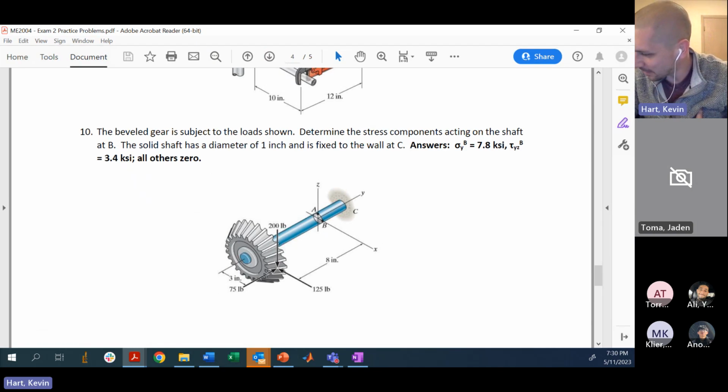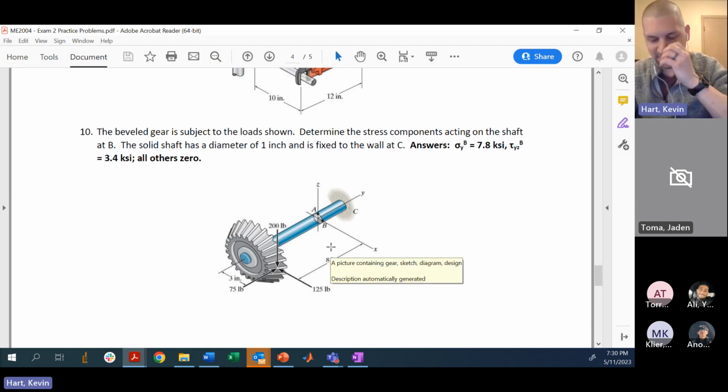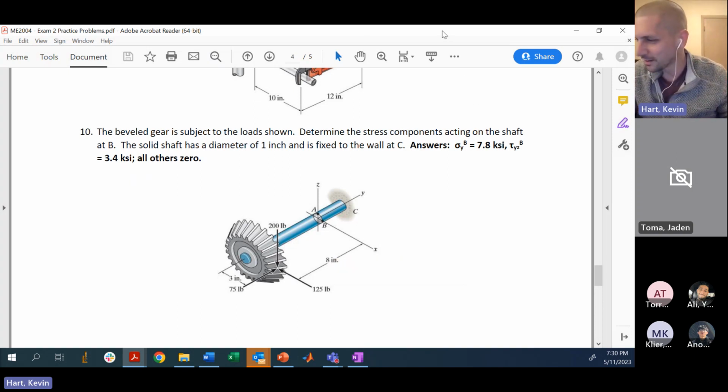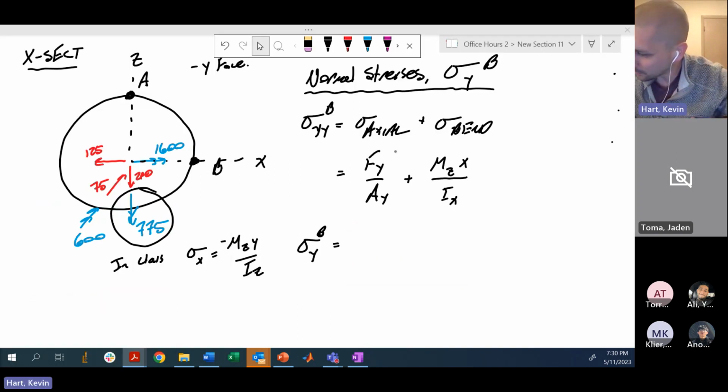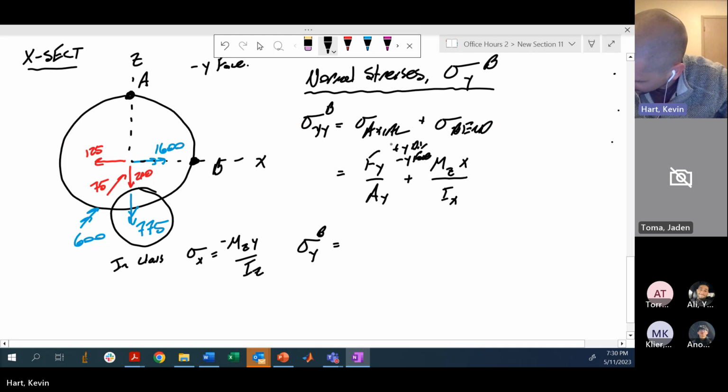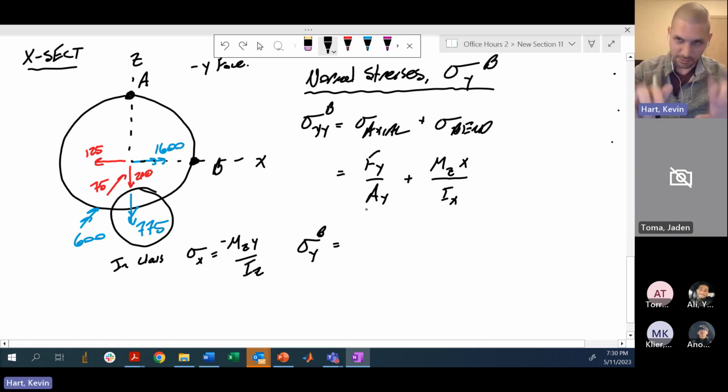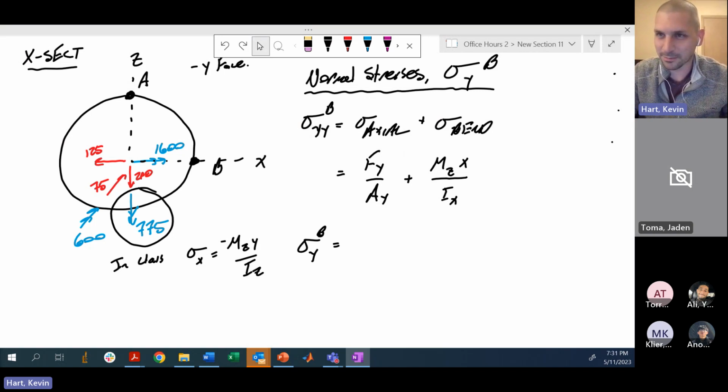This 75 pounds is what we're investigating, and you can understand that it wants to push this bar into compression generally, right? So we have a positive y direction, but negative y face, for this term here, okay? So we're going to end up with a negative value for the stress from the compression that we have from that 75 pounds.